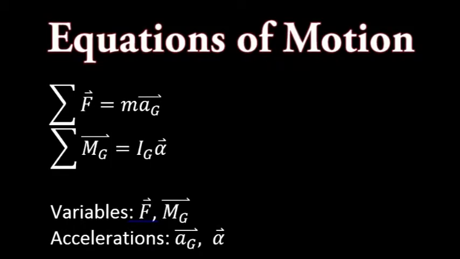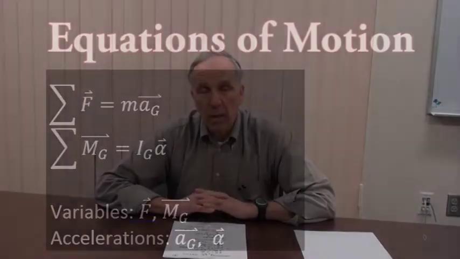So since we have, in two dimensions, three scalar equations, we can at most solve for three unknowns when we draw a free body diagram of an individual rigid body. The variables are forces and moments, accelerations, including the acceleration of the center of mass of the rigid body, as well as its angular acceleration.